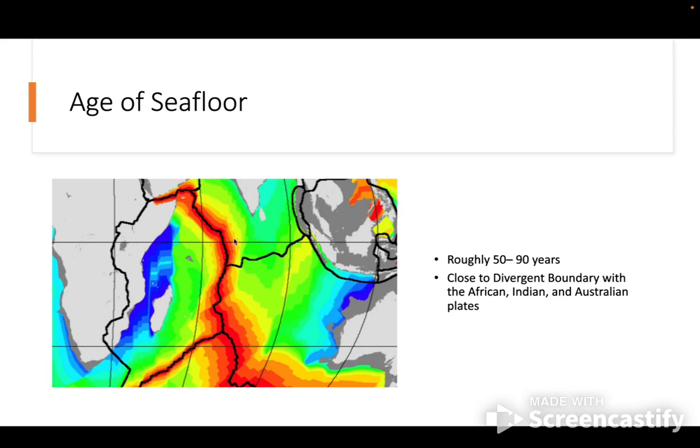This ocean floor is typically newer because of the divergent boundary between the African plate, the Indian plate, and the Australian plate over here. The plates divide, new crust comes up, and it forms new ocean floor.